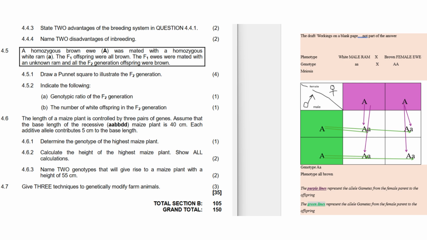The first filial offspring are all brown. The dominant allele A was able to mask the recessive allele.